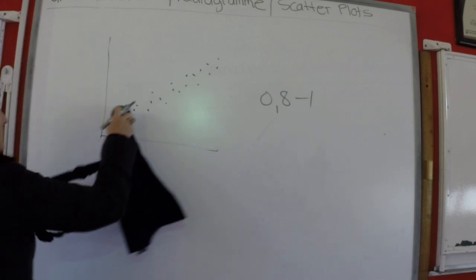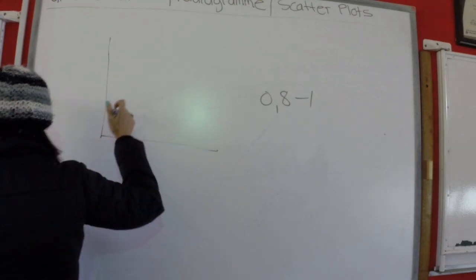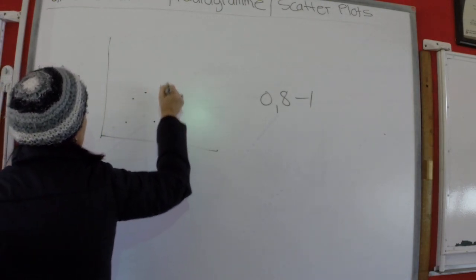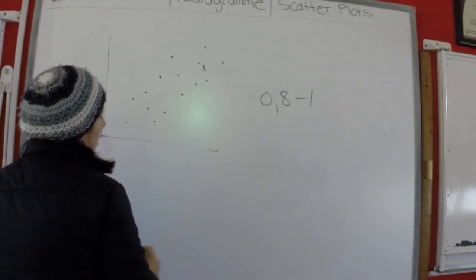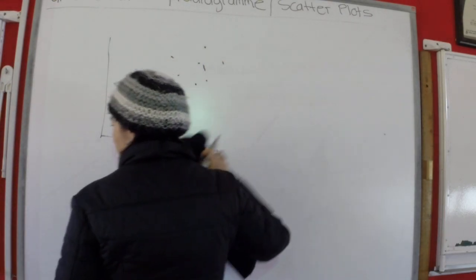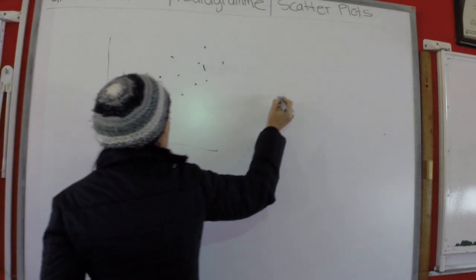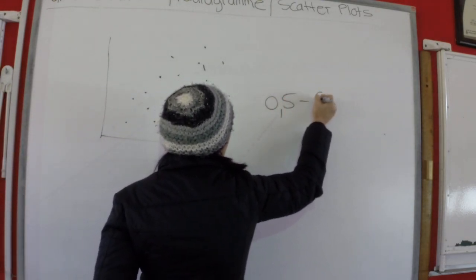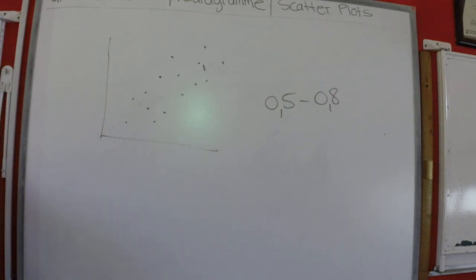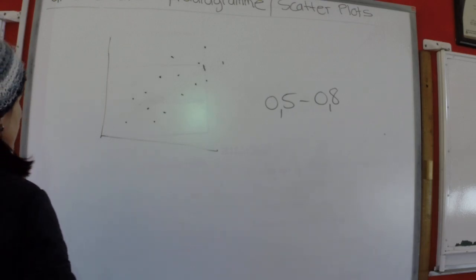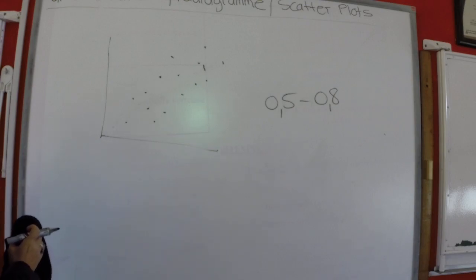En dan kan ons iets kry wat so lyk. The R value for this is going to be between 0.5 and 0.8. Dit is 'n moderate linear positive correlation.